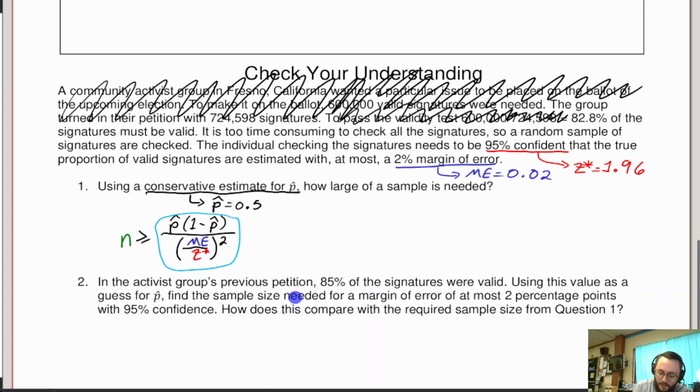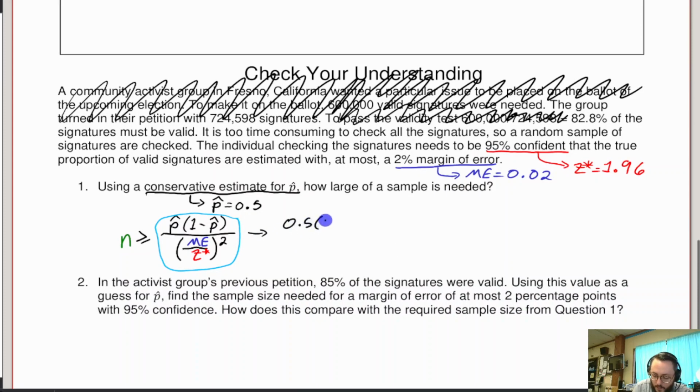If we substitute everything in, we get 0.5 times 1 minus 0.5 divided by 0.02 divided by 1.96, squared.